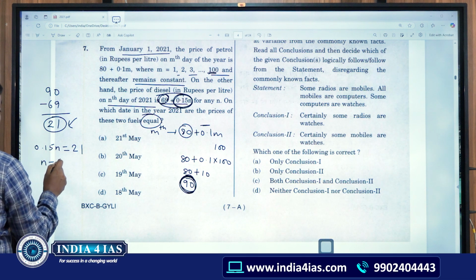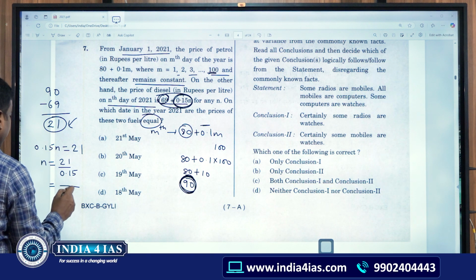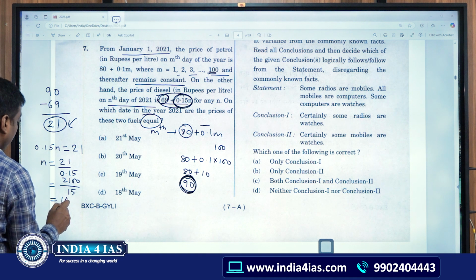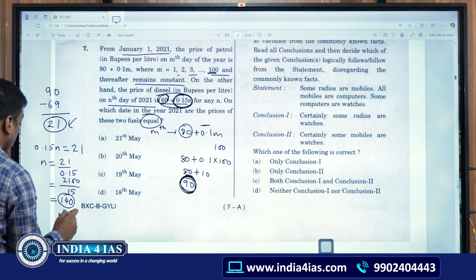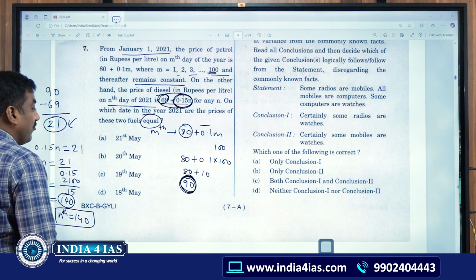So n should be equal to 21 divided by 0.15. So if I get 15 here, then it is 2100. So 15 fours are 60, so 15 into 140 is 2100. So the nth day is equal to 140, the 140th day.